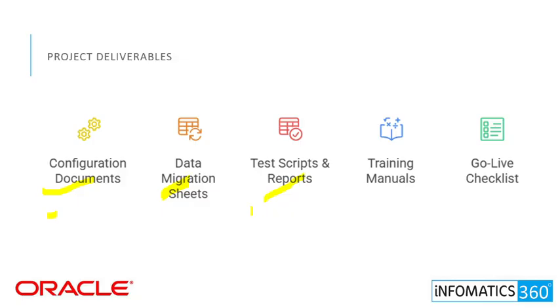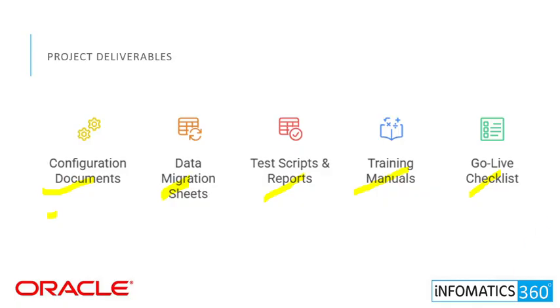Then come test scripts and reports to check and confirm that everything works correctly. Then come training modules, which are created to train the client's users on how to use the system, the navigations, and each and every module and workbench. Then comes the go-live checklist, which is a final list to ensure everything is ready before going live.